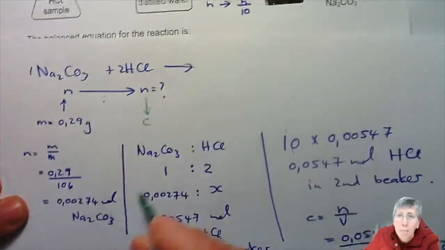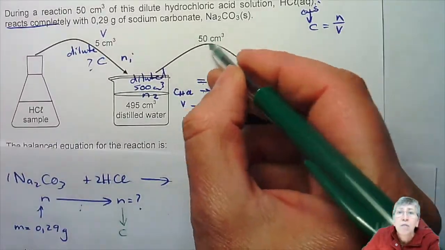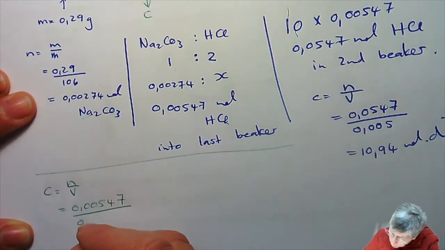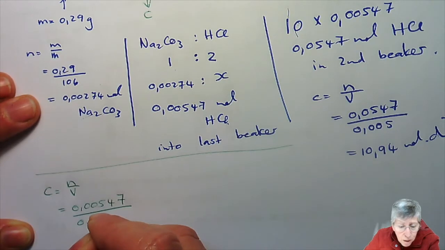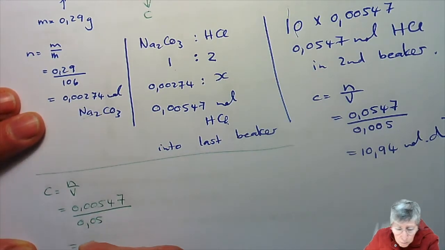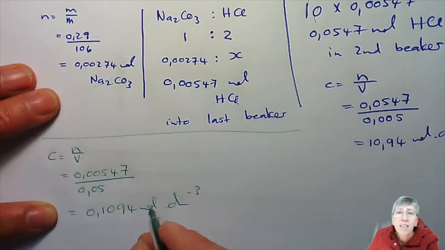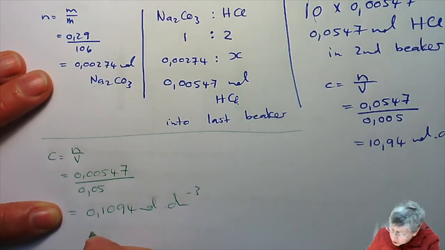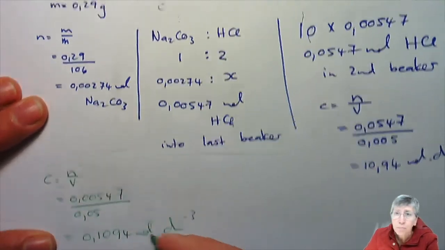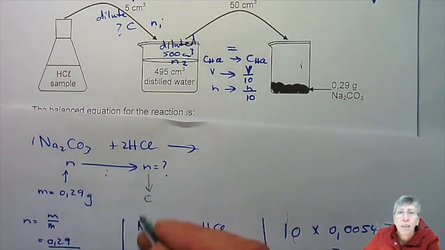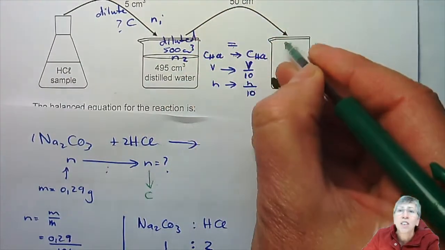I've got my 0,00547. Now I am in the last beaker. So the volume I'm working with is 50 cube centimeters, 0,05. And that will tell me I've got a 0,1094 mole per cube decimeter. And what is that now? That is the concentration in that last beaker, which was the concentration that we took over.